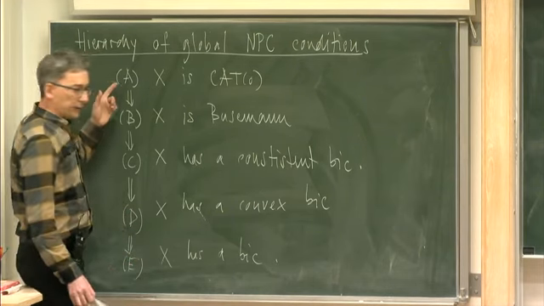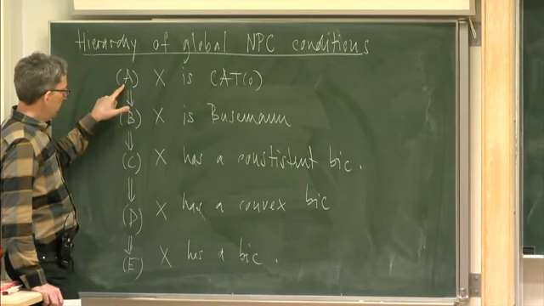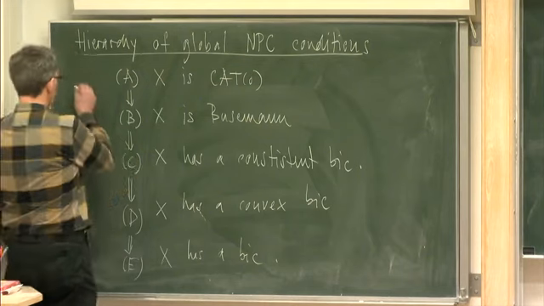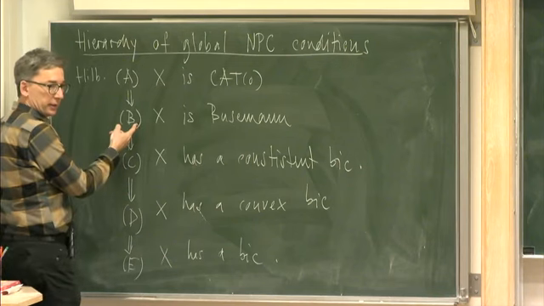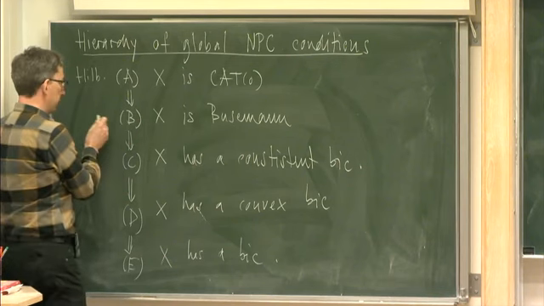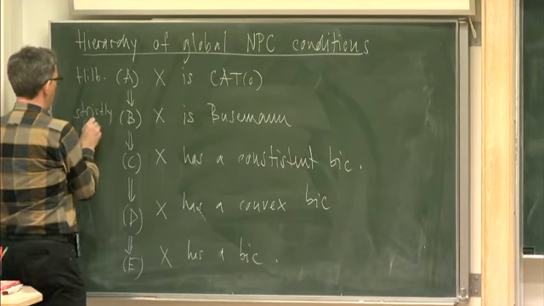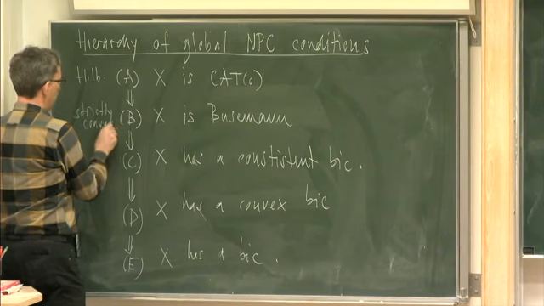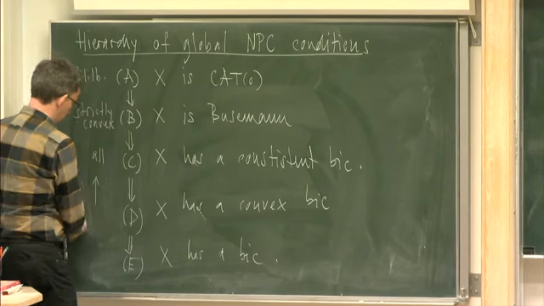So if you look at Banach spaces, if X is a Banach space, then here we have exactly the Hilbert spaces. Here we have exactly the strictly convex Banach spaces. And here we have all Banach spaces.